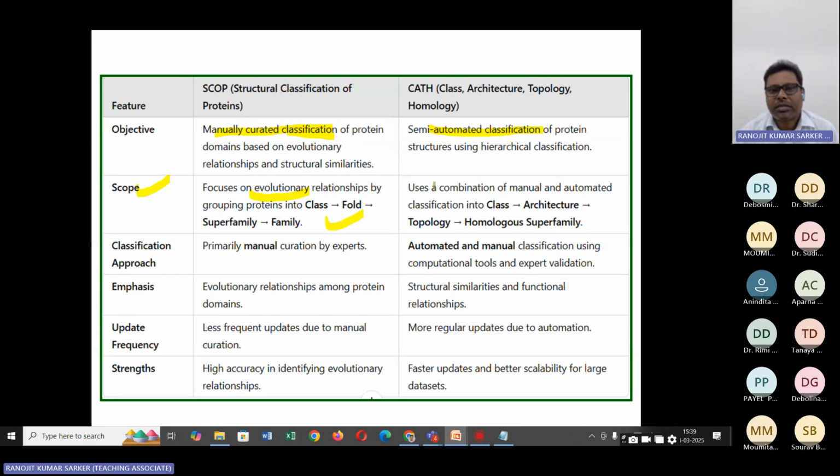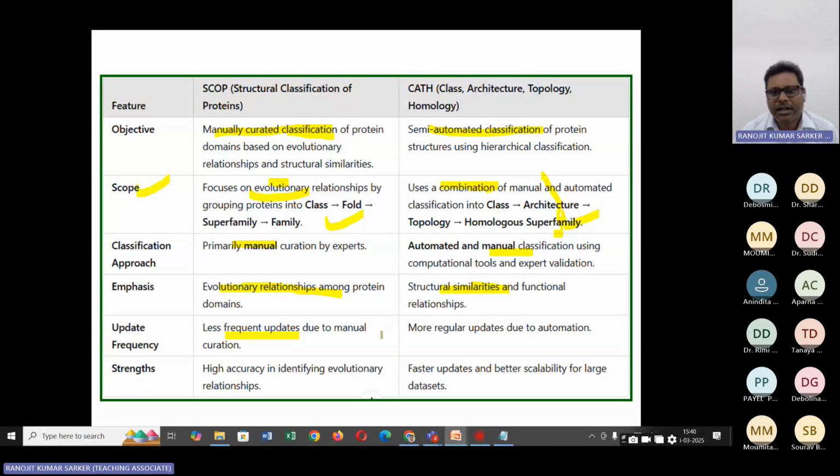But the CATH database uses a combination of manual and automatic classification into architecture, homology and symmetry. It means they are targeting the functions. They are not just focusing on the evolutionary relationship. They are actually focusing on function. Primarily there is manual creation and there is automated creation. They give emphasis to structural similarities and functional relationship.